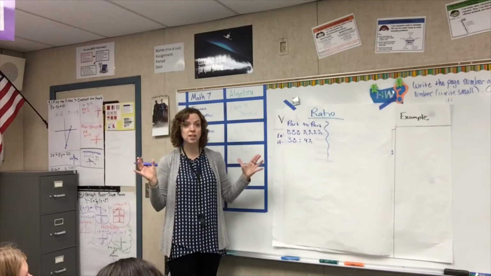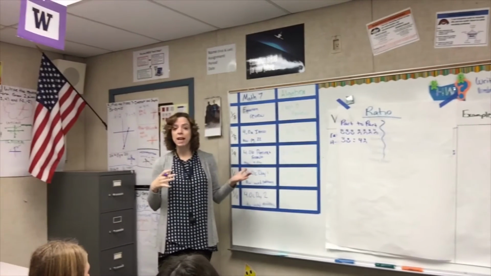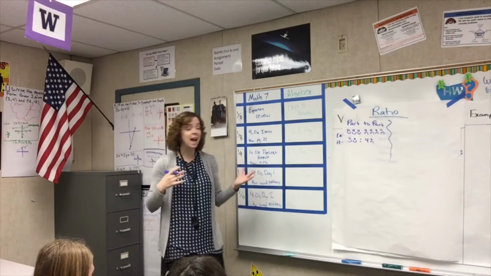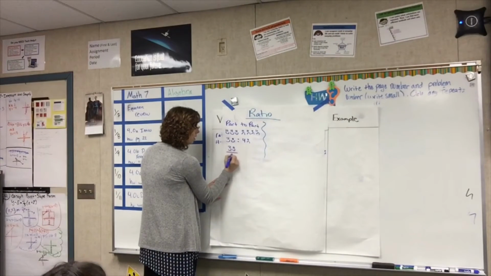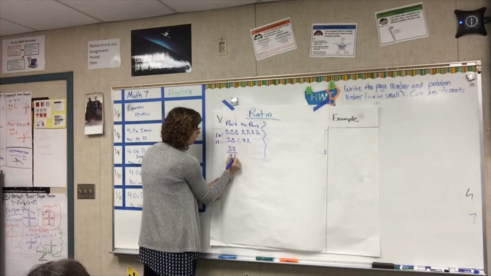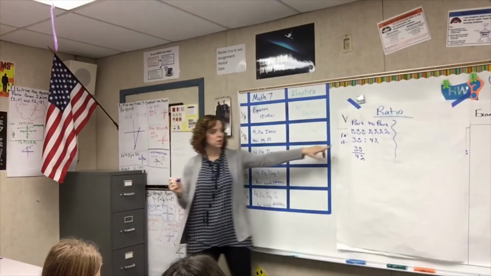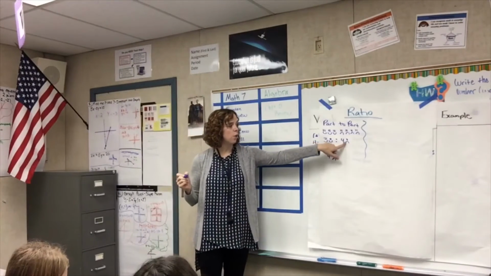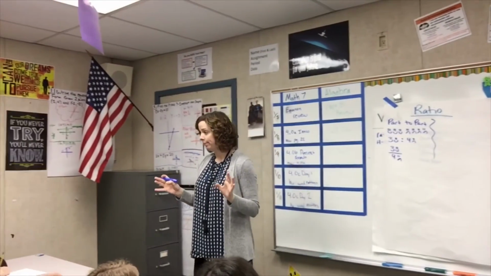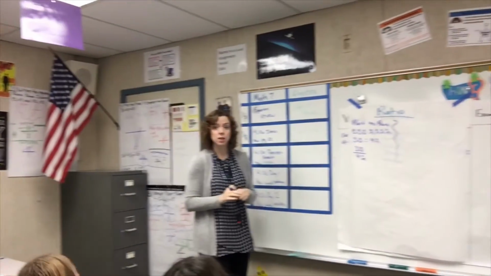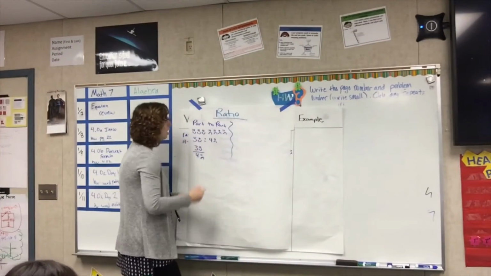We're saying 3 smiles to 4 frowny. We're comparing the 2 things, just like our definition says. We can also write it as a fraction, 3/4. So you can write it either way. That's part to part.